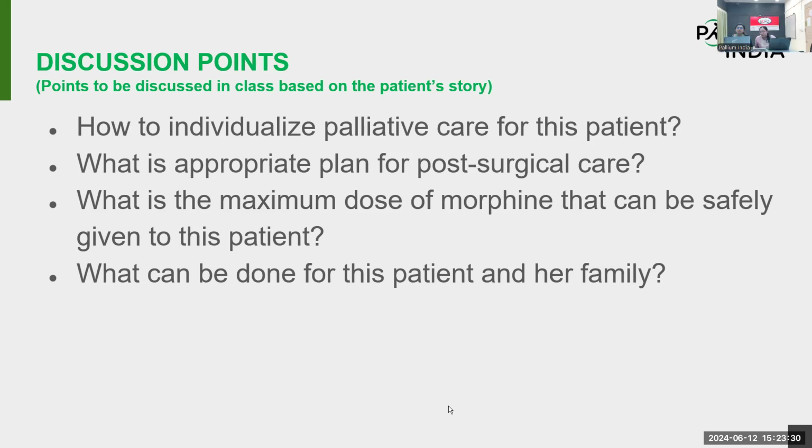So the question is not about prescribing morphine, but about availability of morphine. So you cannot prescribe morphine, and any center will not issue morphine as per your prescription, unless you have some association with a recognized medical institution which has a license for morphine, or where morphine is available, because this is not readily available in pharmacy.